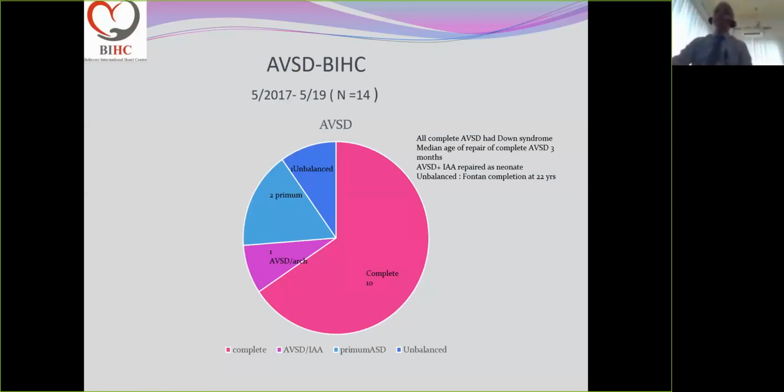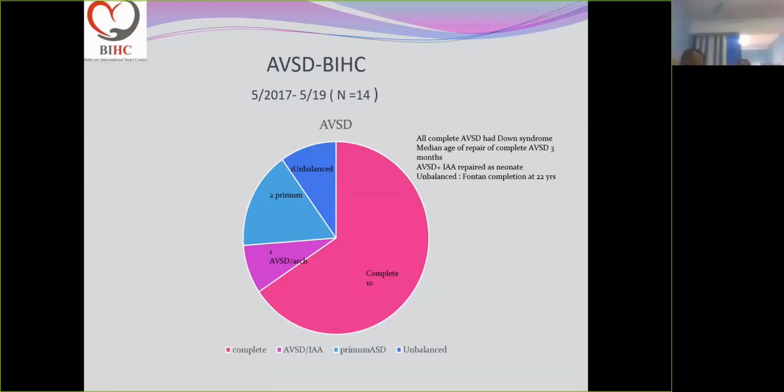So this is complete AV septal defect, the bigger part of the pie. And the smaller part, which is only one case, is to remind that complete AV canal defect can also be associated with other serious problems like an arch problem. That one case was AV canal defect with an interrupted aortic arch.